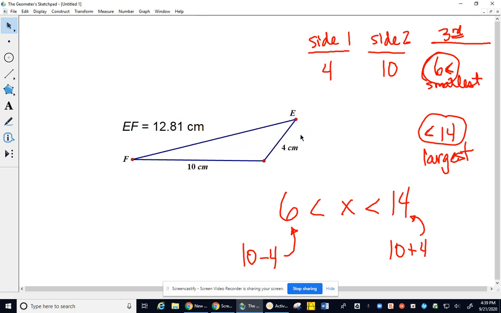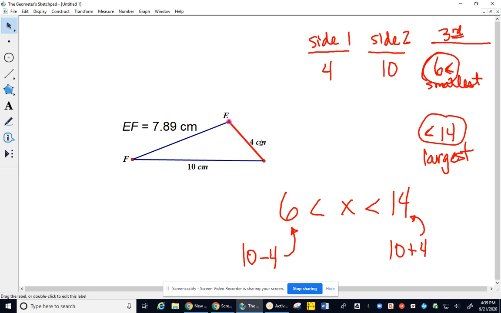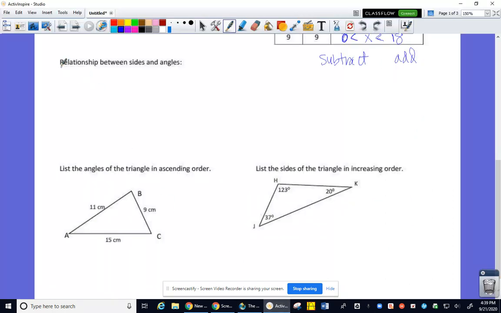But notice, if this is the smallest side, then the angle across from it is the smallest angle. So we find that the biggest side is always across from the biggest angle, and the smallest side is across from the smallest angle. Okay, that's the relationship between the sides and the angles.